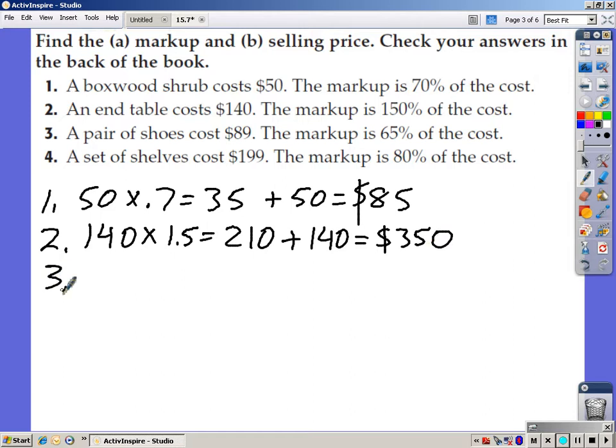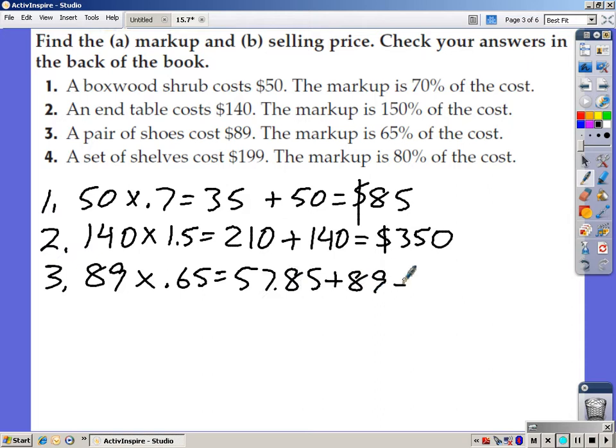Number 3, pair of shoes is $89 times our markup of 65% is $57.85 plus the $89 cost is $146.85.